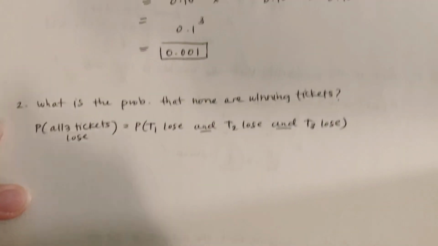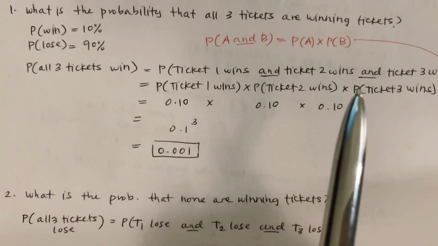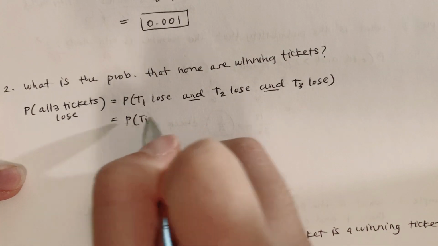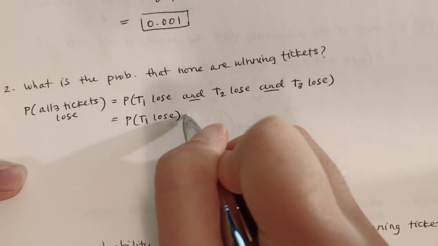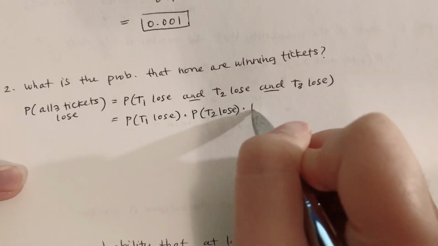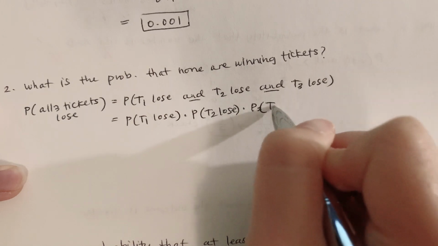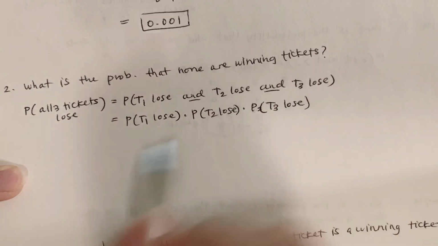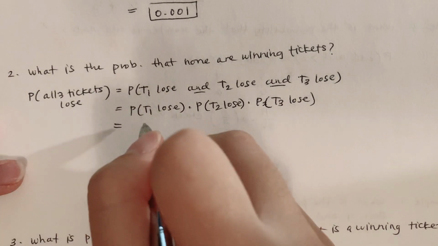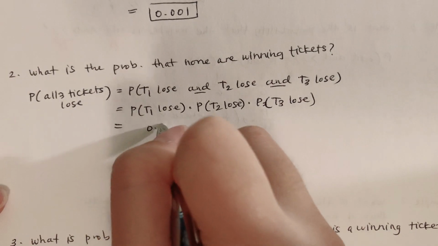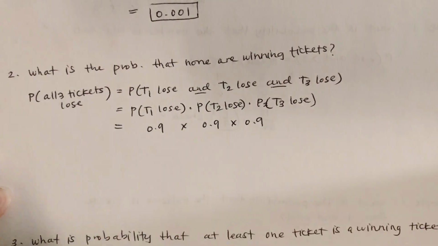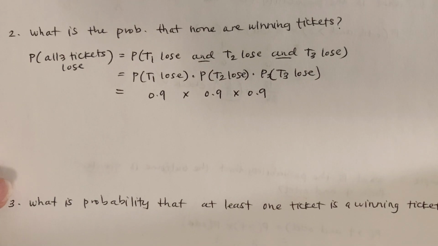And then by the AND formula, the red formula right here, we know that we can rewrite this as probability that ticket 1 loses times probability that ticket 2 loses times probability that ticket 3 loses. From here, we know the probability that 1 ticket loses is 90%, and since each ticket is independent of each other, it's going to be 90% for all 3 of them.